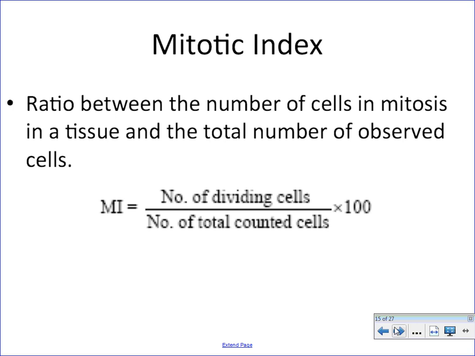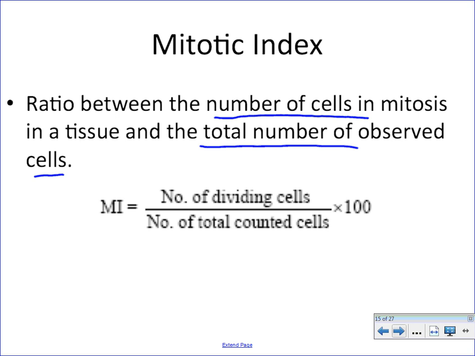During that process of mitosis, you should be able to calculate the mitotic index. The mitotic index is going to be the ratio of the number of cells in mitosis in a tissue to the total number of observed cells.